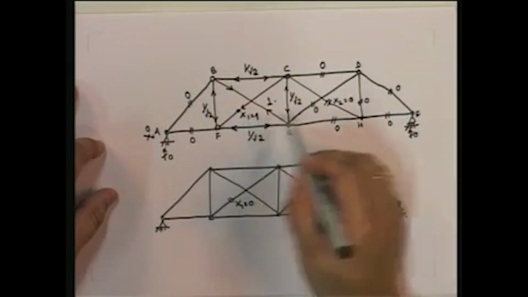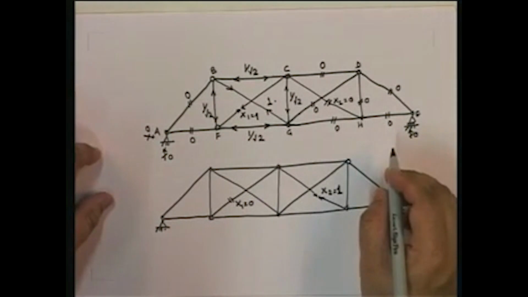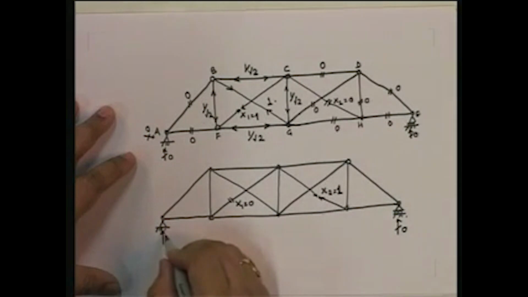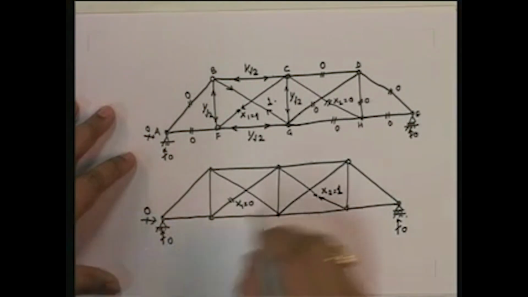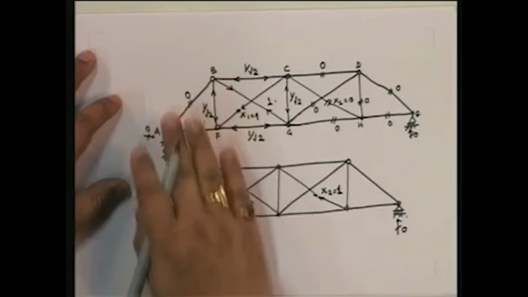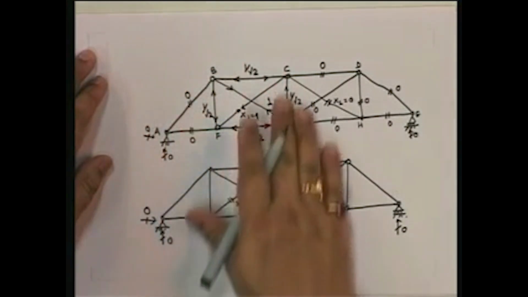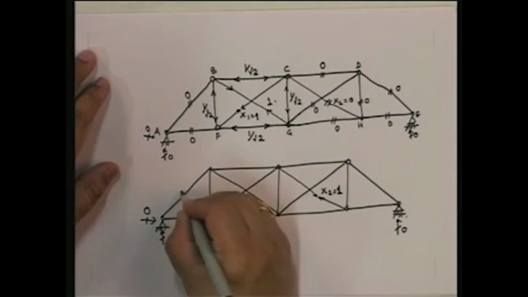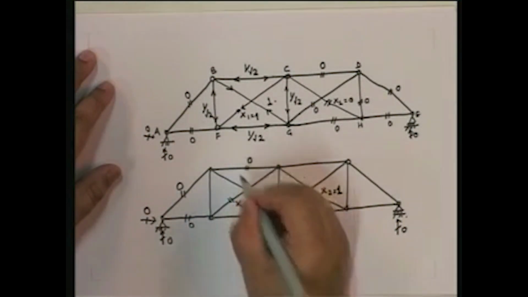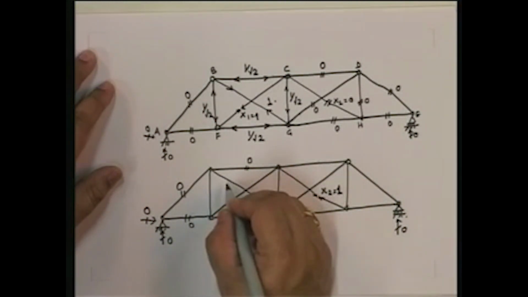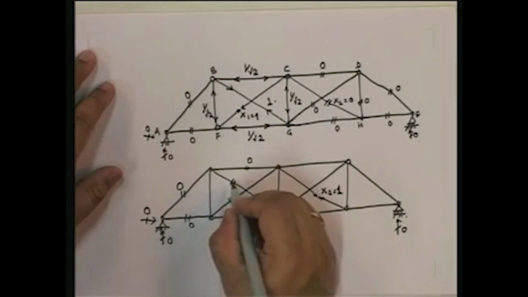Okay, so that means these are the forces due to this application of x1 equal to 1 and x2 equal to 0. Similarly, if I apply x2 equal to 1 and x1 equal to 0, then we get exactly the same kind of thing. Only thing is that on this side, because of this x1, these panels are non-zero and these panels are 0. Here you will just have the opposite. These panels are 0. I am not going to go through these steps. I will request you to go through these steps yourself.